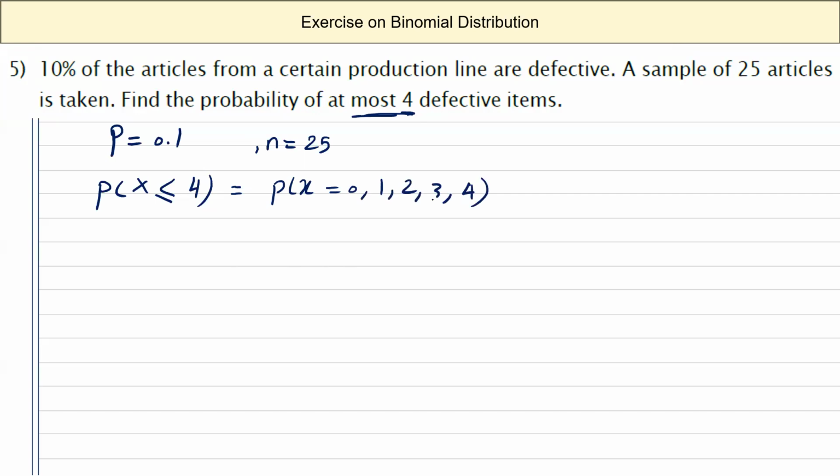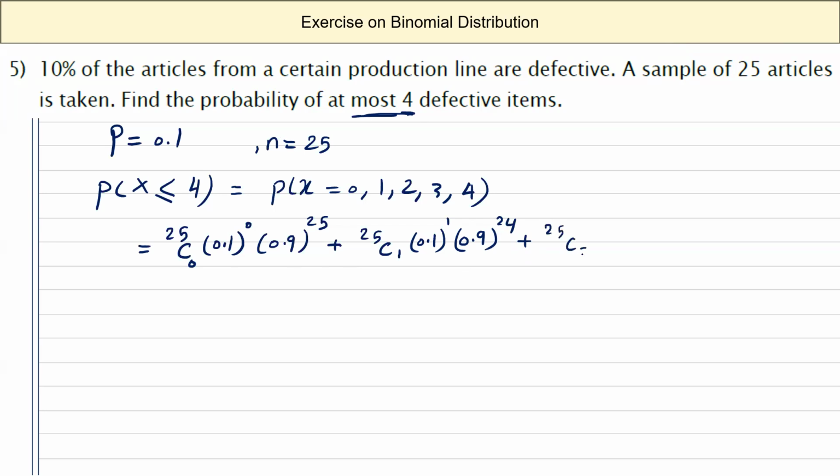Okay, and just start by adding all these probabilities by writing 25C0, 0.1 power 0, and 0.9 power 25, plus 25C1, 0.1 power 1, and 0.9 power 24, and so on. How many times do you write? 1, 2, 3, 4, 5, 5 times.